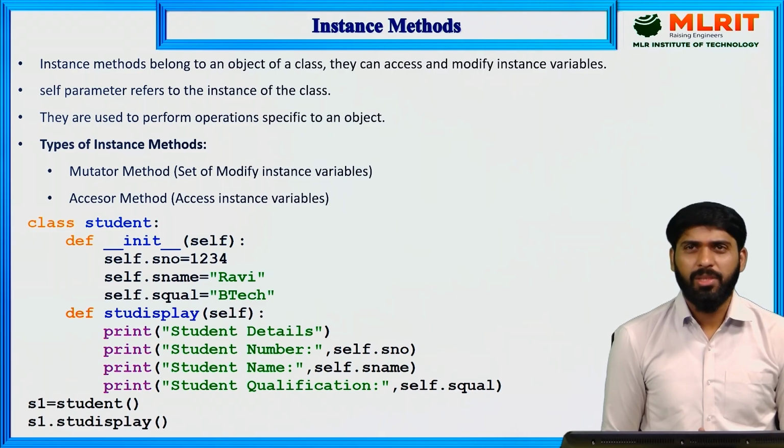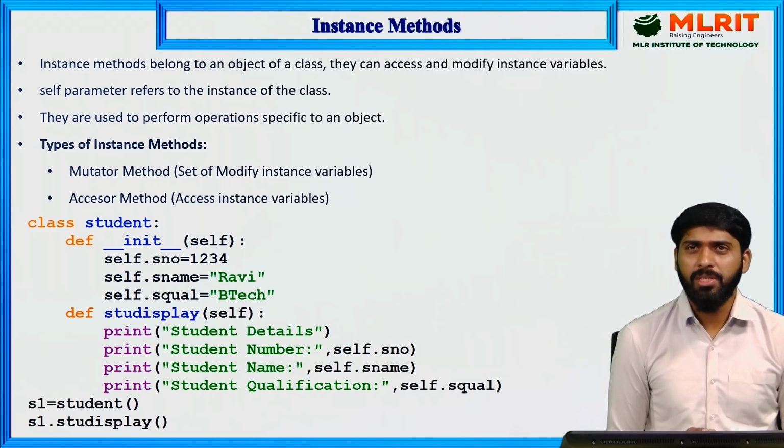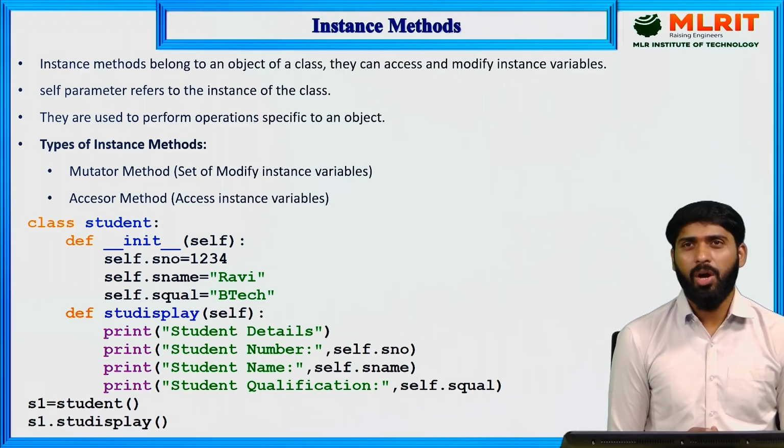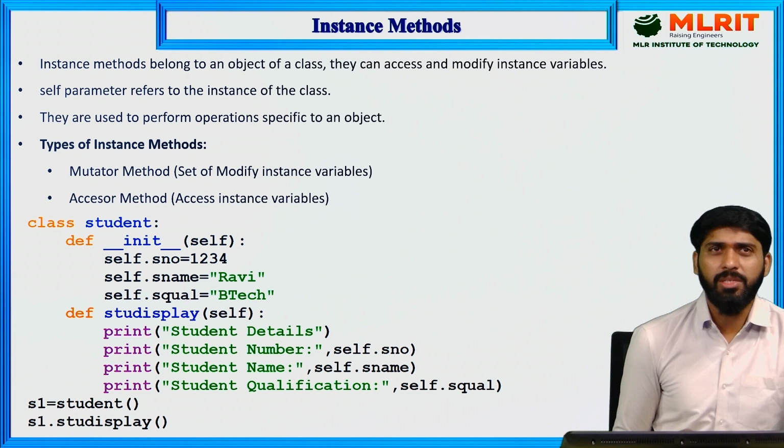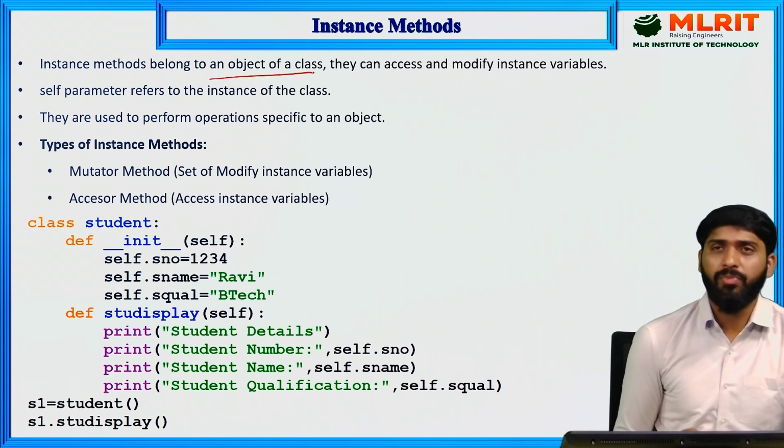Instance methods. The name itself says, instance means that it belongs to a particular object. What is an object? An object is an instance of the class. So instance methods belong to an object of a class.